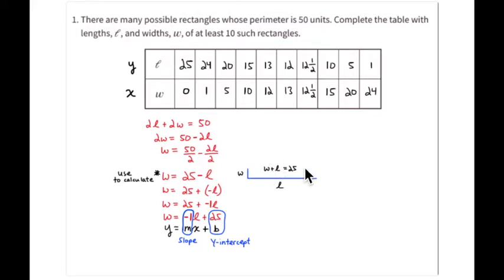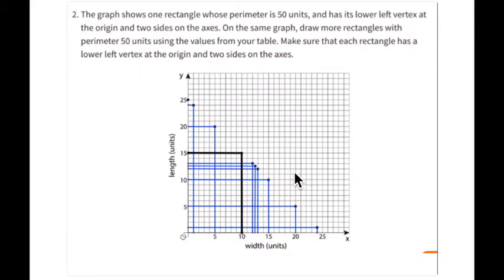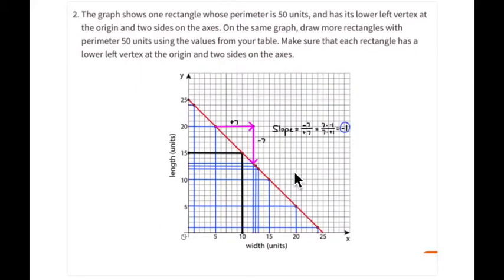Actually, this equation right here, well, let's work with the slope first. If you figure out the slope of this line, so you want to figure out what the equation for this line is. So what I'm doing is connecting all the points of the vertex that is in the upper right corner. Turns out they all lie on this line, and the slope of that line, you can just count.